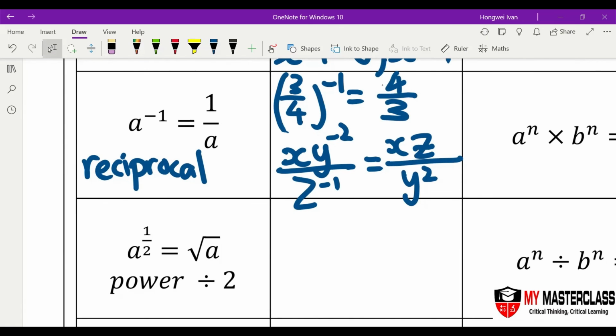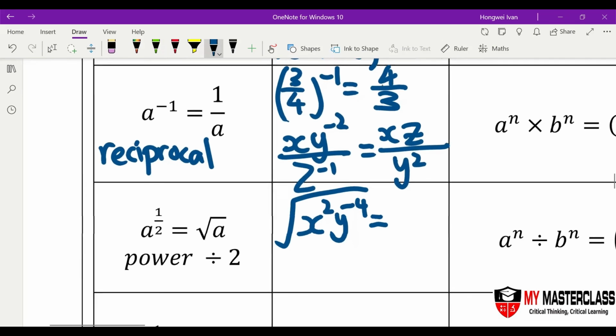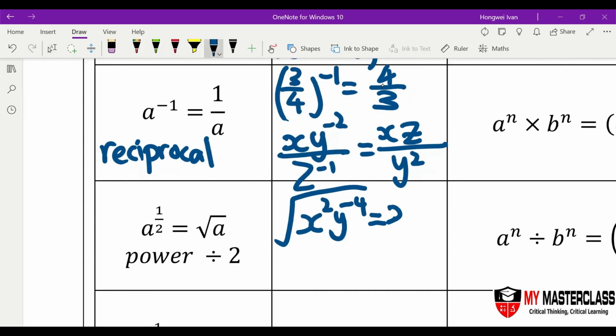Okay? When you see square root, it also means power half. That means if you have x to the power of 2, y to the power of -4, and then you square root, the power is divided by 2. Then you will get x squared, y power -2.